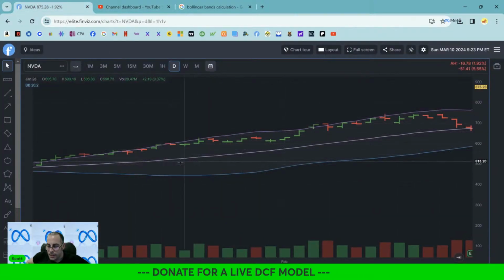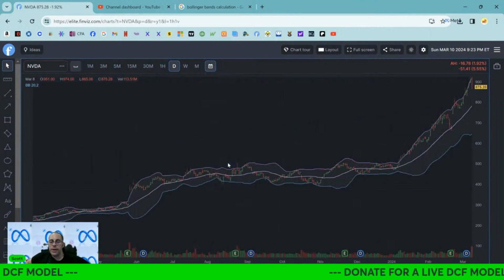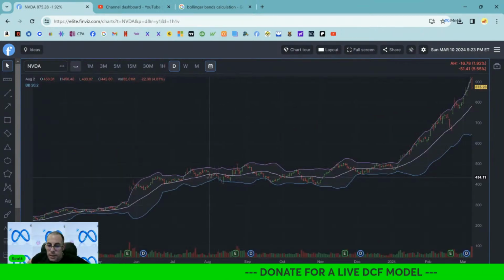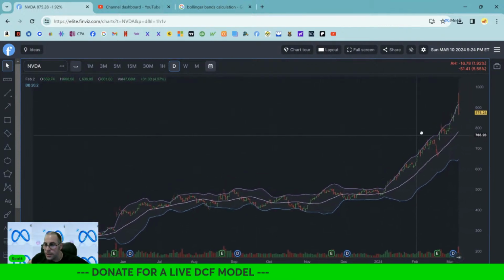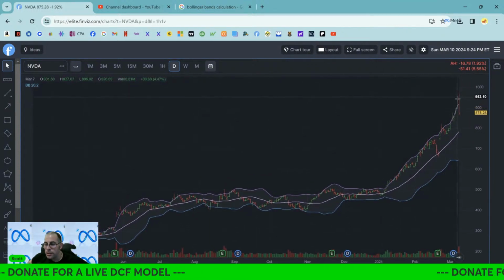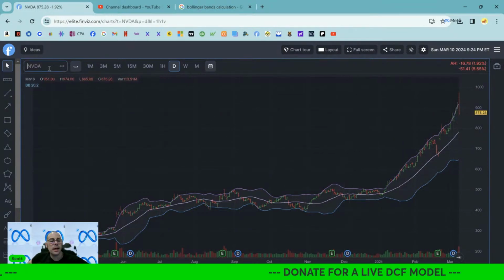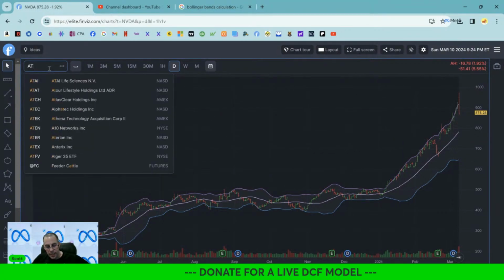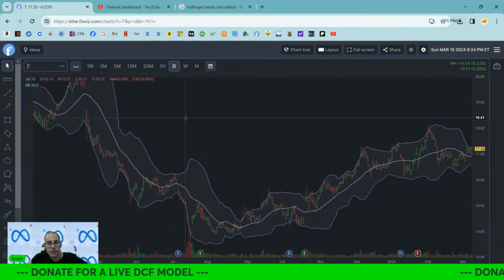So this could give you an indicator of if stocks are trading well outside their range. So you could see NVIDIA, of course, was trading outside its range because it went up so much. NVIDIA is probably not the best example. If you looked at a stock like AT&T, that probably never trades outside of its range.